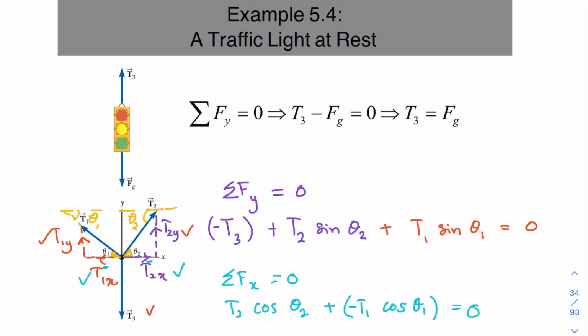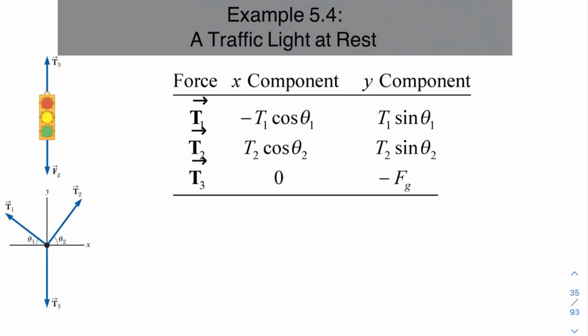If you have 3 unknowns, it means that you have to have 3 equations to be solved simultaneously. So to ease the process of the sum, you may also put it like this, in terms of a table. This is better for resolving vectors, right?